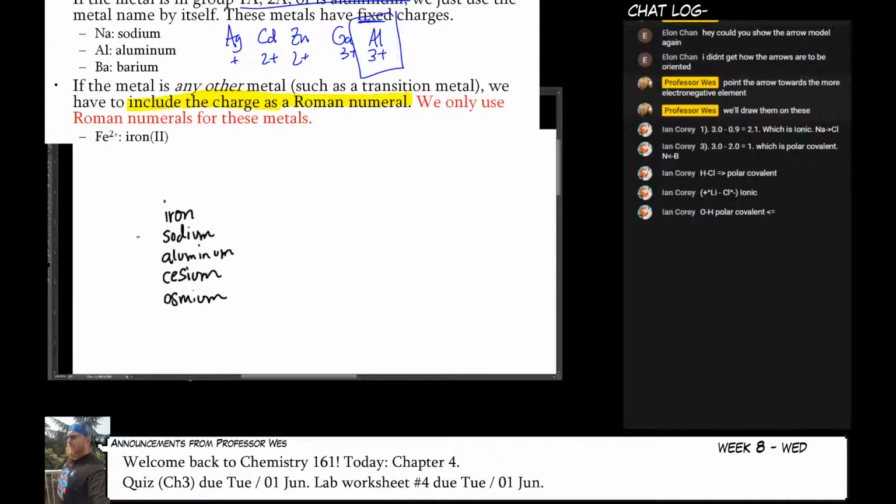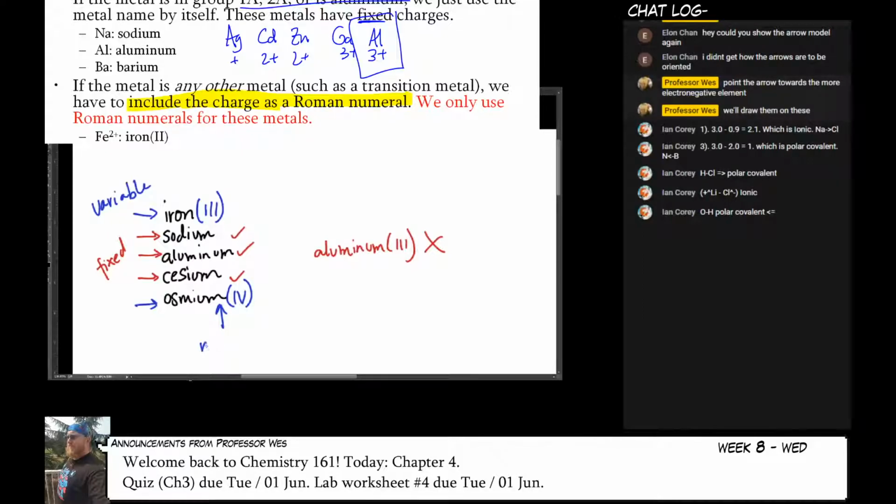Any of them that fall into group 1A, 2A, or aluminum are fine as they are. If you wrote this, Canvas will mark it wrong, so don't do that. Now, for other elements that have variable charges, we need to indicate the charge in parentheses, whatever it is.